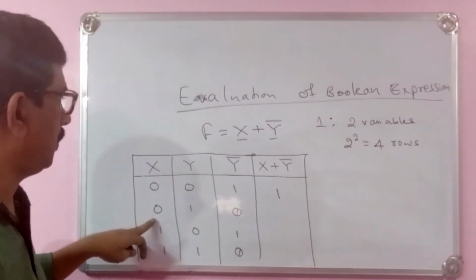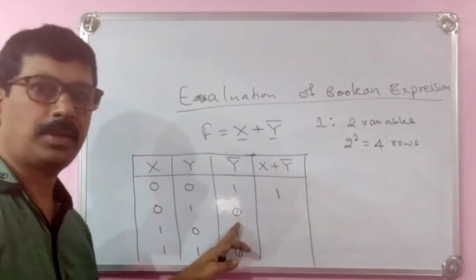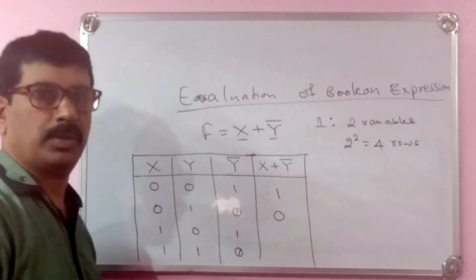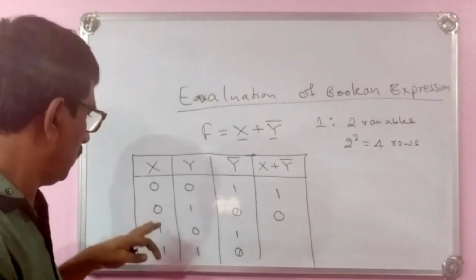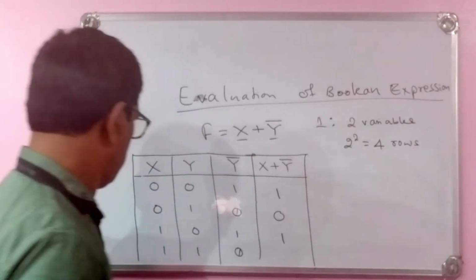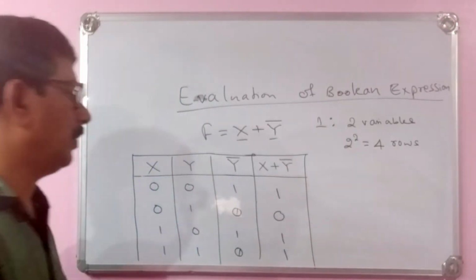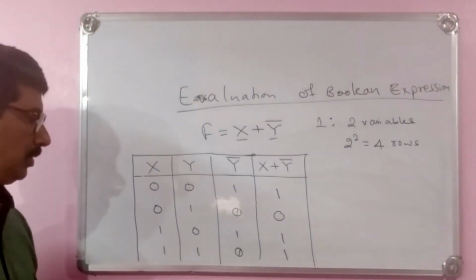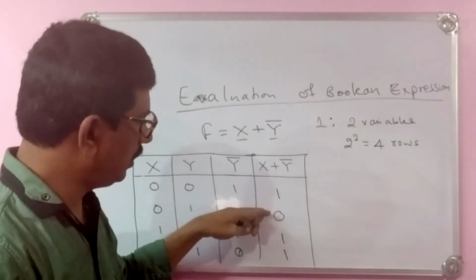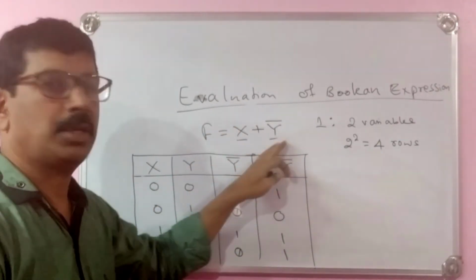For x is 0 and y bar is 0, when both terms are the same we get the same value, 0. Then 1 plus 1 gives 1, and 1 plus 0 gives 1. In this way we get the result 1, 0, 1, 1 for this expression.